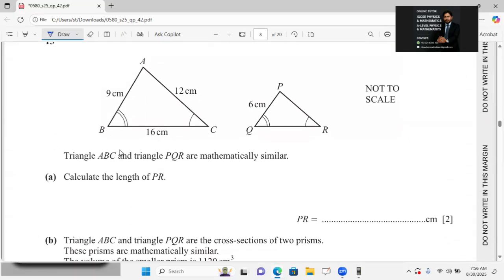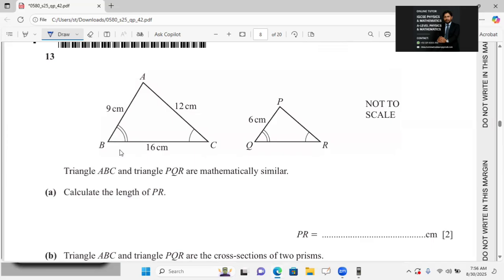Yeah, this is number 13 question where he is saying that 9, 12, 16, okay, this angle is also equal. This is 6. It means these two are similar triangles. Here he is saying calculate the length of PR. I have to calculate this length.